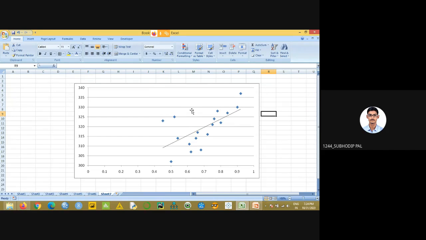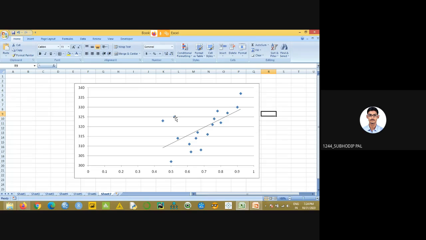Residual can be of two types, positive residual and negative residual. The points which are above the regression line or the trend line have positive residual, and the points which are below the line have negative residual. So how do we measure the residual? Residual can be measured as the distance between the line and the point.